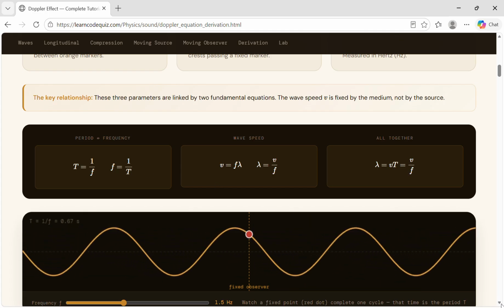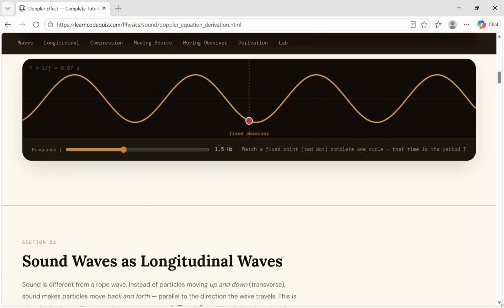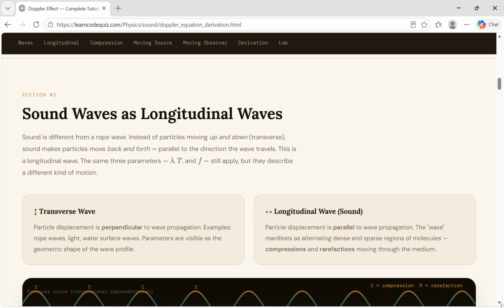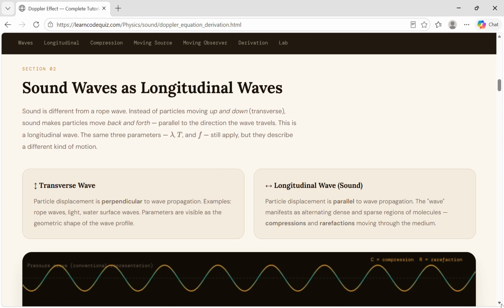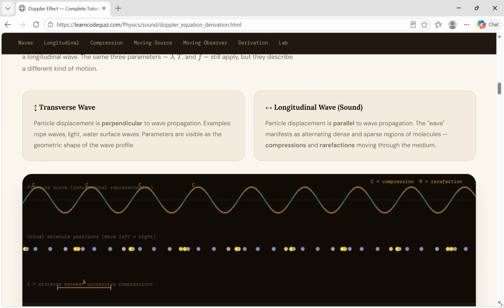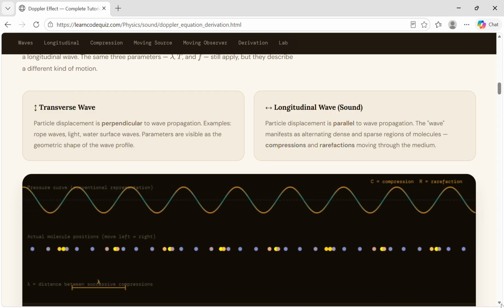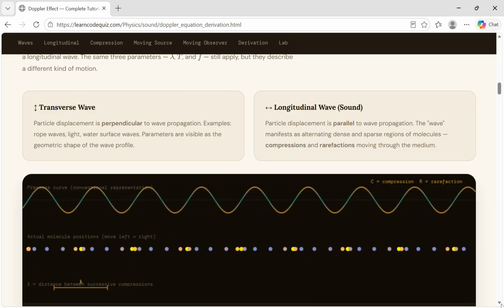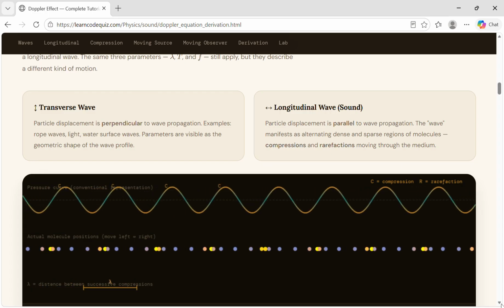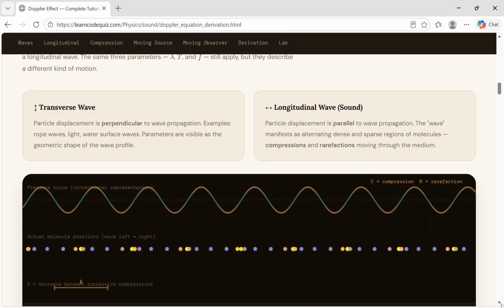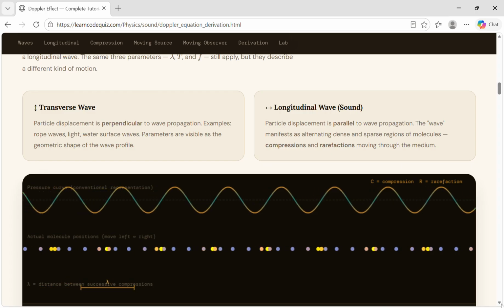So now that you understand the basics of a wave, we look at what a longitudinal wave is. Now in a transverse wave, the molecules are moving perpendicular to the direction of propagation of the wave.